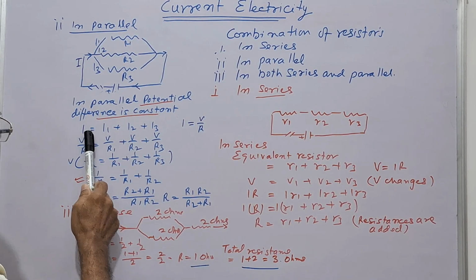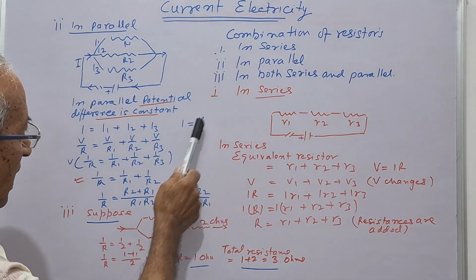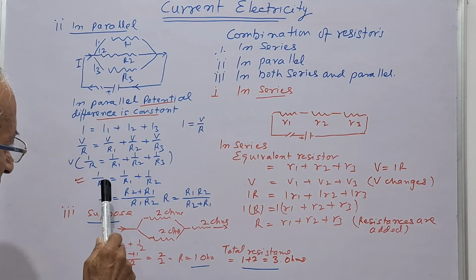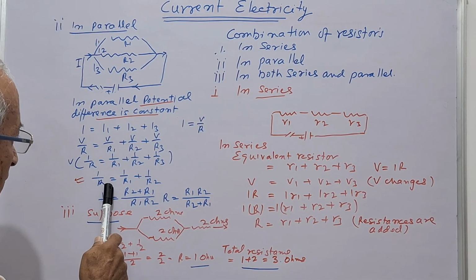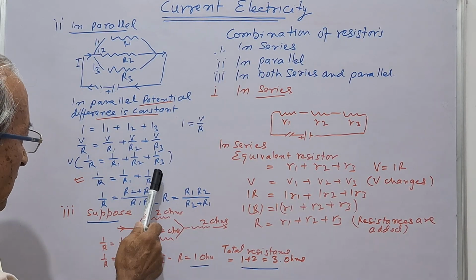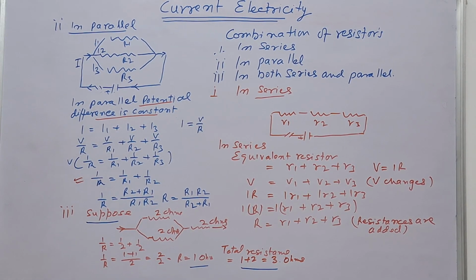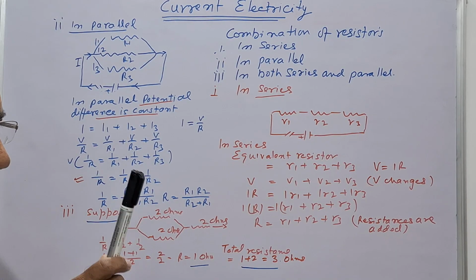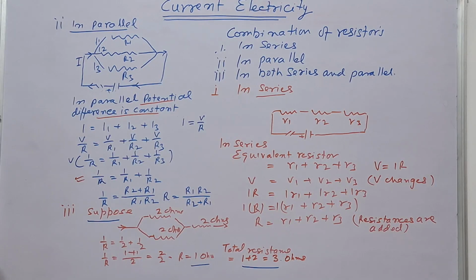Then the total current is equal to I1 plus I2 plus I3, and I is equal to V upon R. Then putting in the values, we get the resultant resistance, that is 1 upon R is equal to 1 upon R1 plus 1 upon R2. And if it is a combination of series and parallel, listen, always first calculate the resistance in parallel, then add to the series.